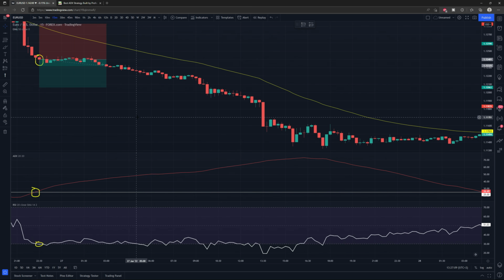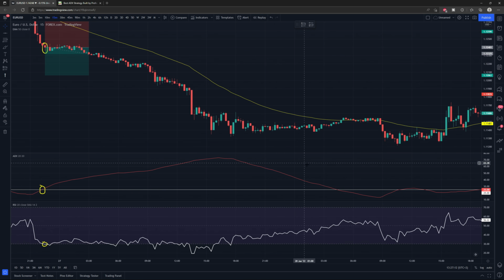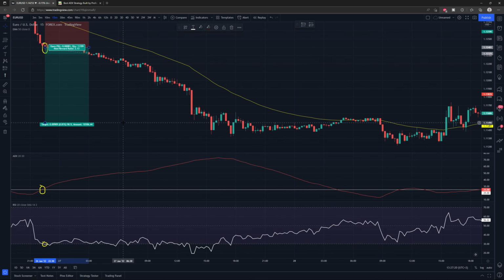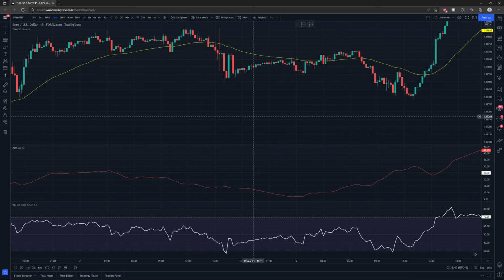And essentially we're just going to be waiting until the ADX goes back below the 25 level, which happens down here for the take profit target. So this one gives a nice 1 to 2.13 risk to reward ratio. So that's a short trade. And now let's get into the 100 tests. This one should take a while.